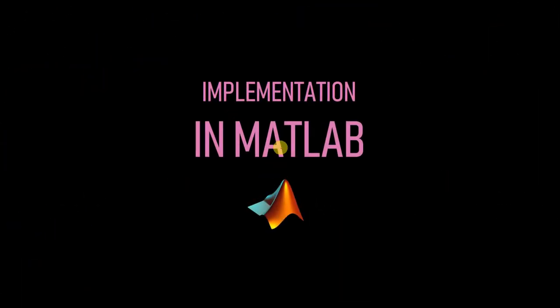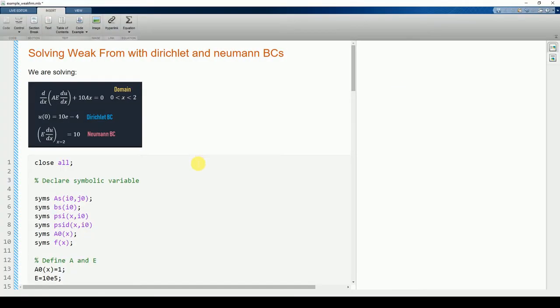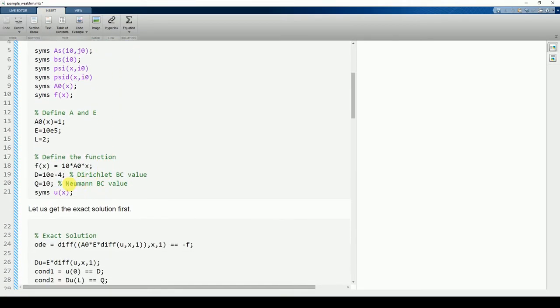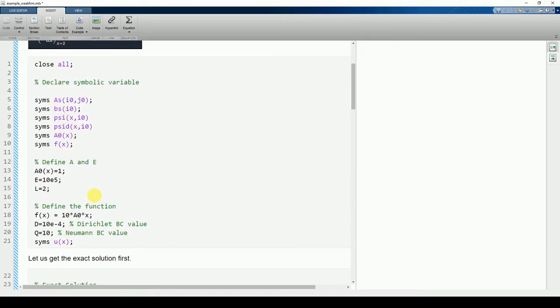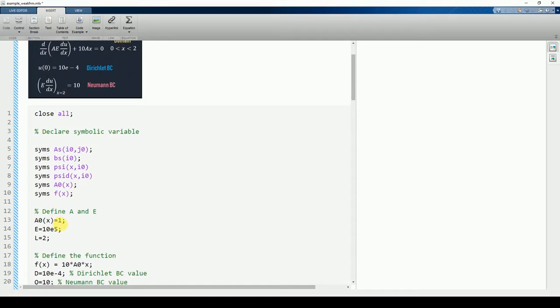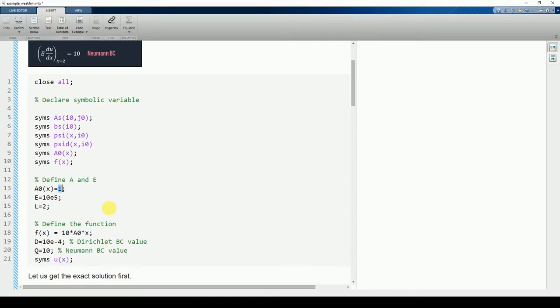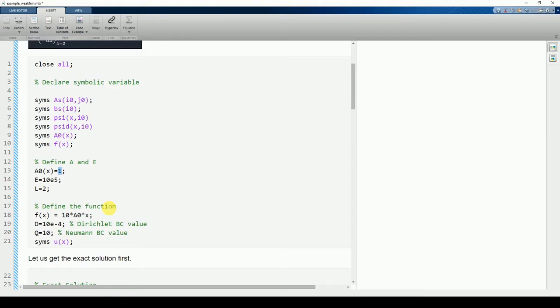This is almost similar to what we have been doing. So this is the equation that we are solving. We first define all the symbolic variables. We define what A naught, x, or E is. Let us choose A as a function for the time being. Earlier in those results I chose it as a constant.